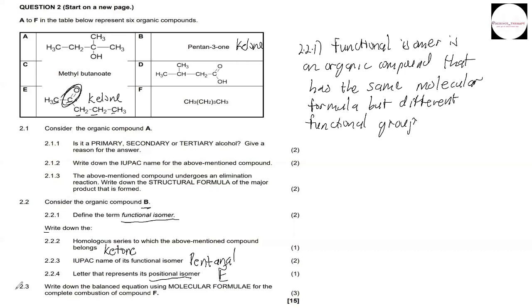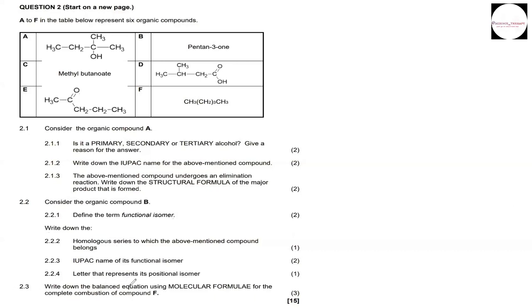Okay, so 2.3 now says, write down the balanced equation using molecular formulae for the complete combustion of compound F. Now, we know that when it comes to combustion, the general formula is just an alkane reacting with oxygen to produce carbon dioxide and water, right?